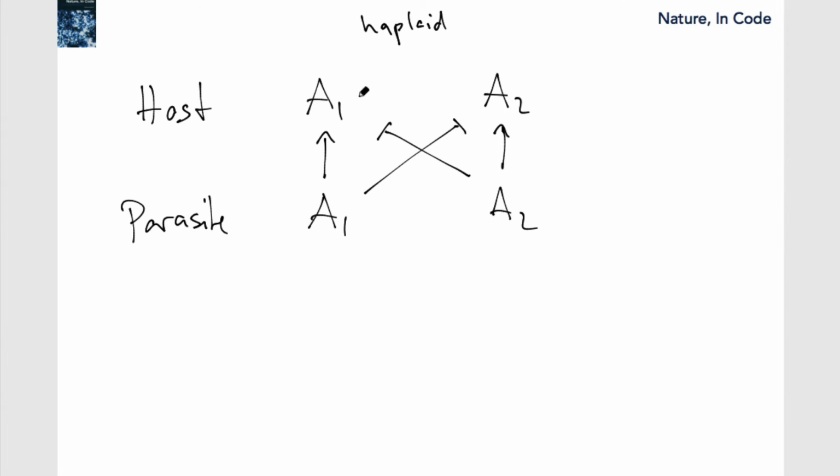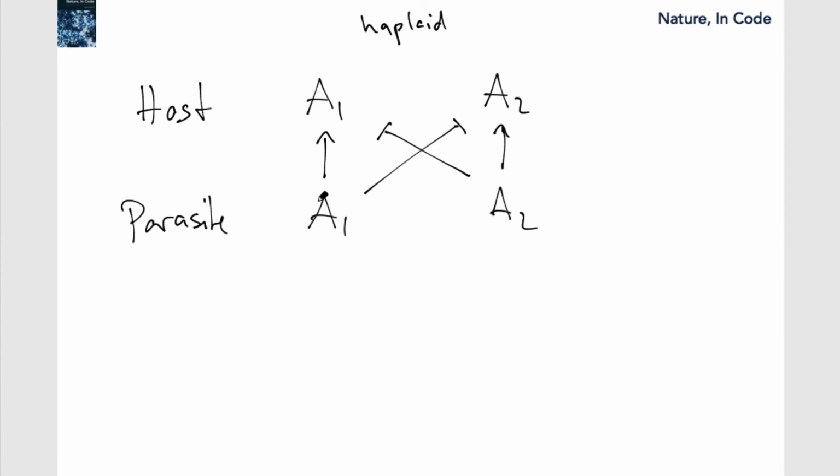Now, as a consequence, the A1 host is really having a great time, because it cannot get infected by this really successful A2 parasite. And then as a consequence, the A1 parasite will again increase in frequency, because now that the A1 host is common, it will enjoy a high fitness, and thus increase in frequency, and so on.